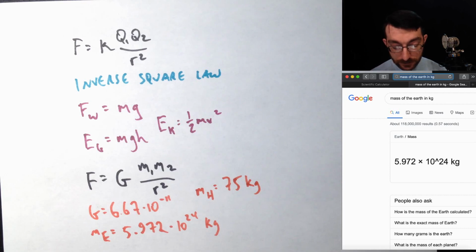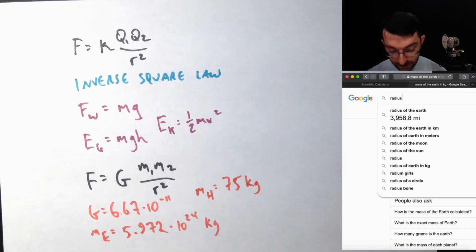Okay, so given this, we should be able to confirm that gravitational acceleration on the surface of the Earth is 9.8. Oh, but that means we need one more piece of information. That's going to be the radius of the Earth in meters.